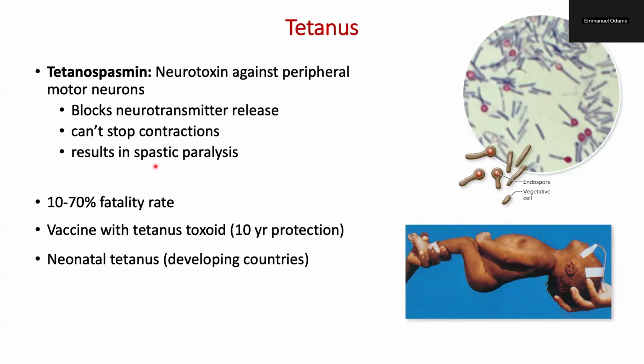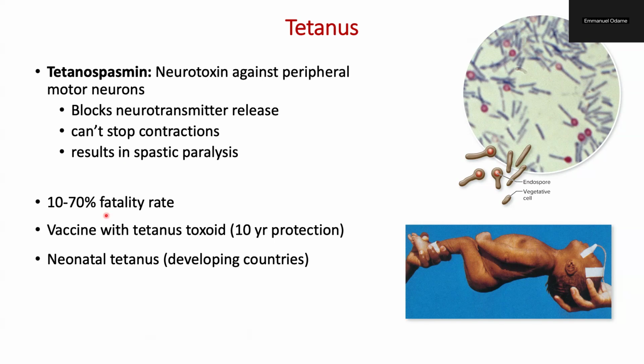How it works is it produces a neurotoxin against your peripheral motor neurons, which blocks neurotransmitter release, and basically you can't stop the contractions that are happening, and it results in a static paralysis. So then you can't move. We have a 10 to 70% fatality rate.